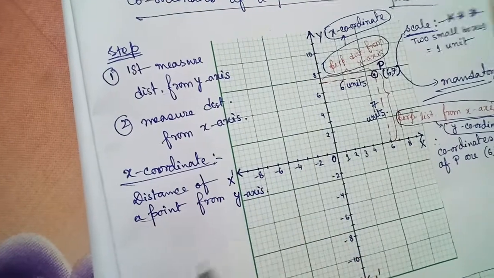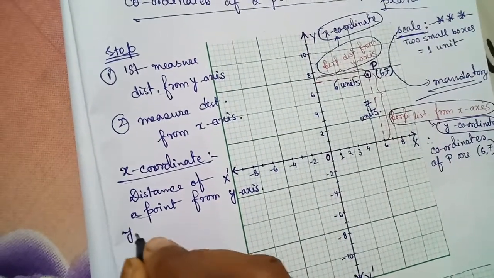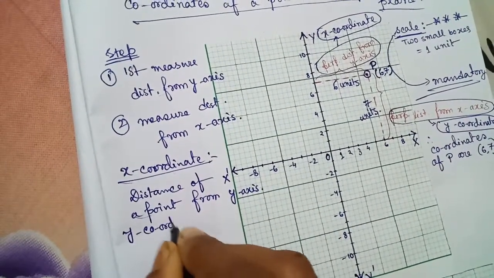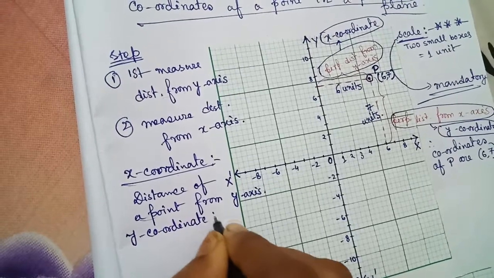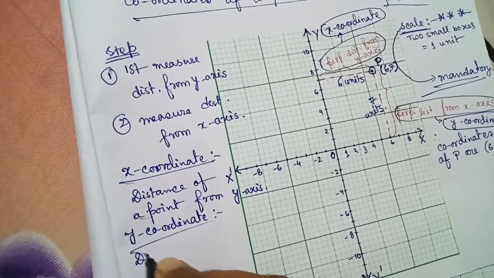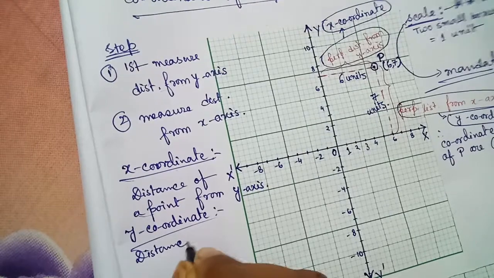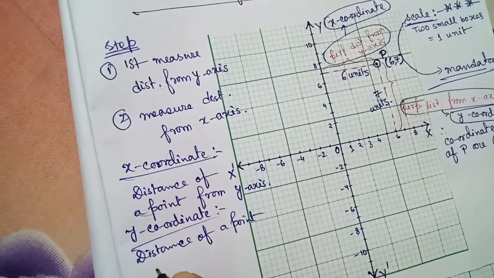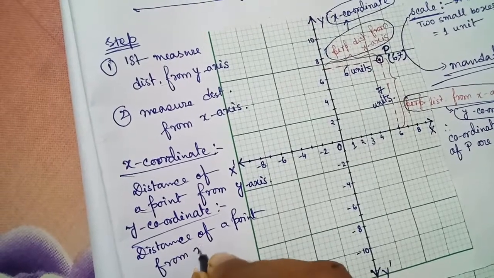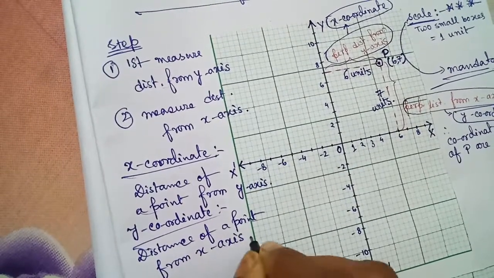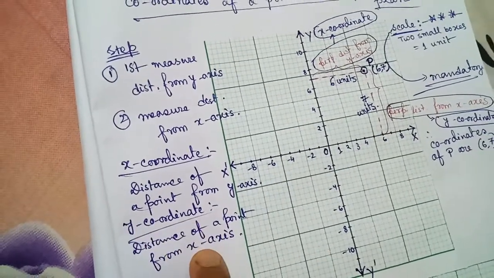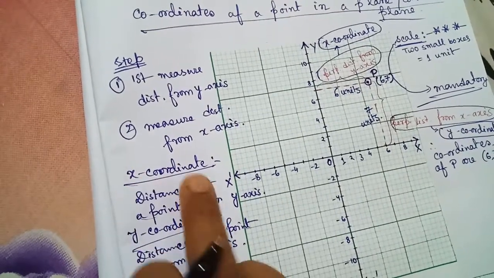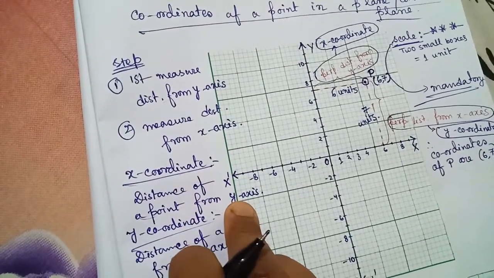This is the x coordinate's definition. Similarly, the y coordinate's definition will be the distance of a point from the x-axis. Okay, y coordinate is from the x-axis, x coordinate is from the y-axis.